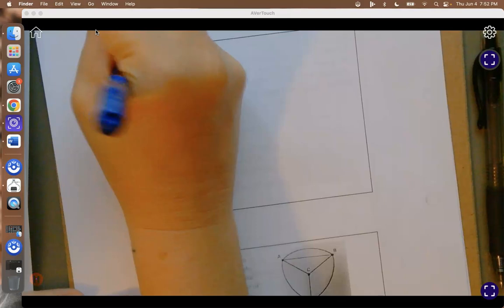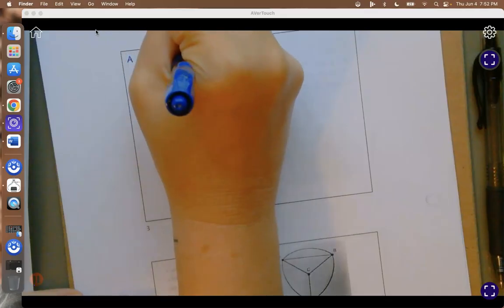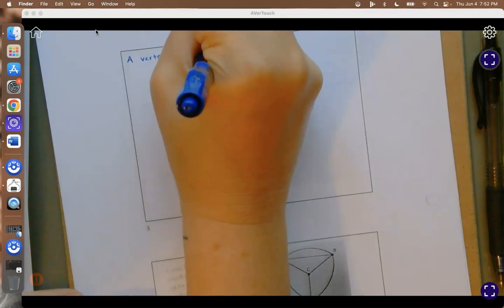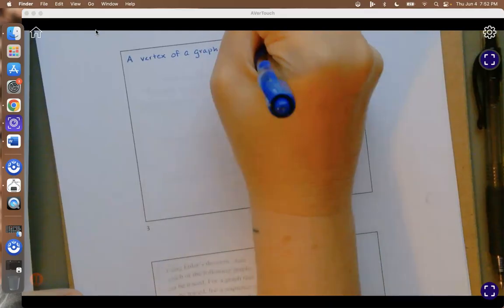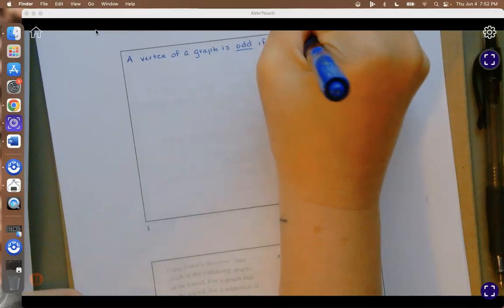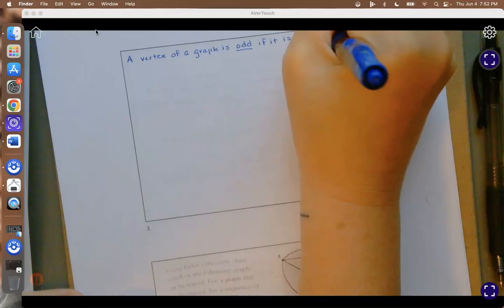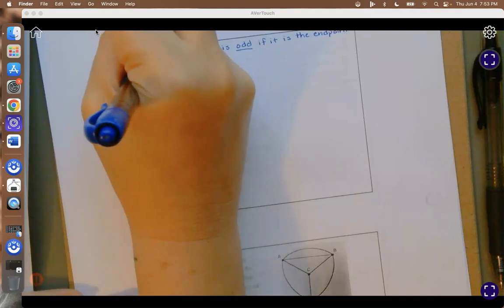Okay, and as you can imagine, a vertex is even if it is the endpoint of an even number of edges.